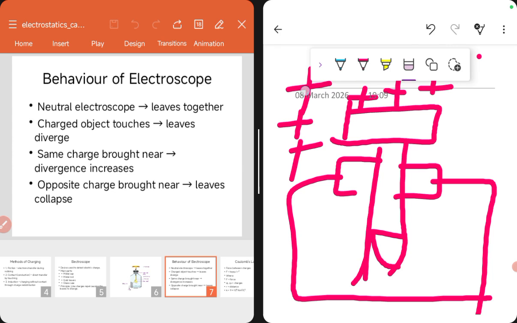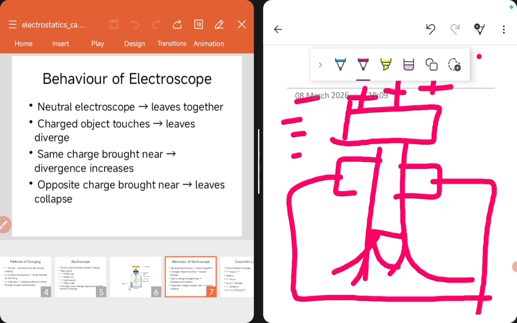If I bring a negatively charged object near the cap, it will converge. Sorry, it will diverge. Diverge means to spread far apart. So it will diverge in order to show an attraction.